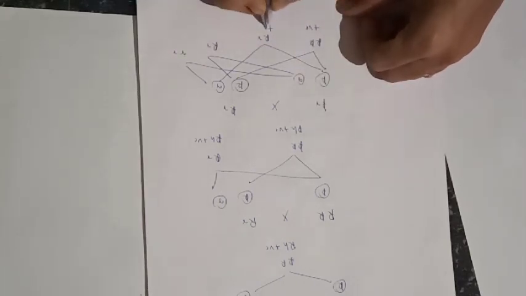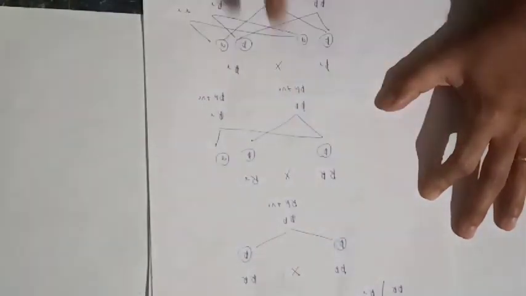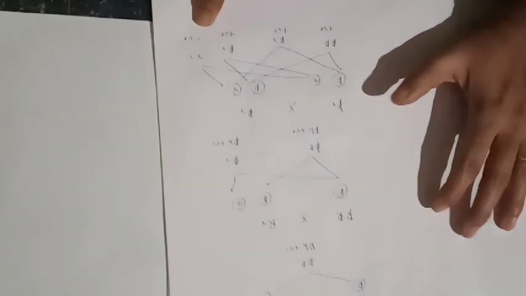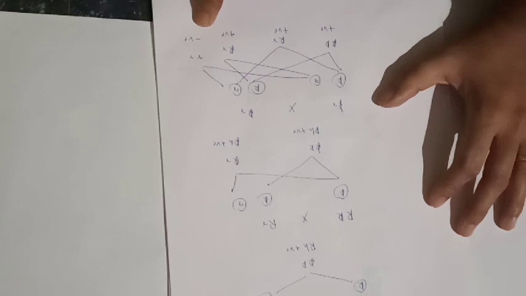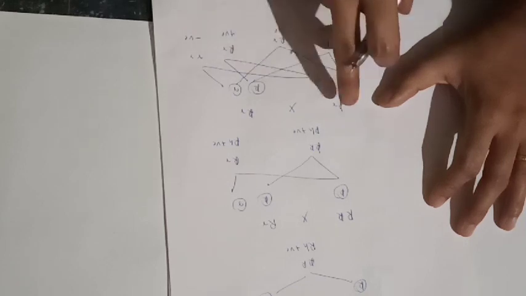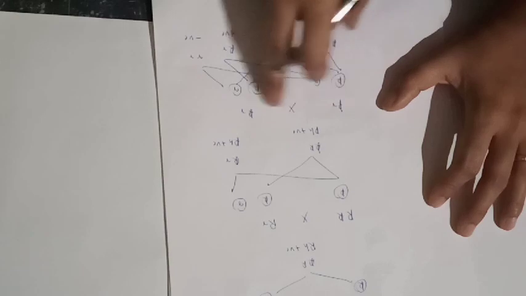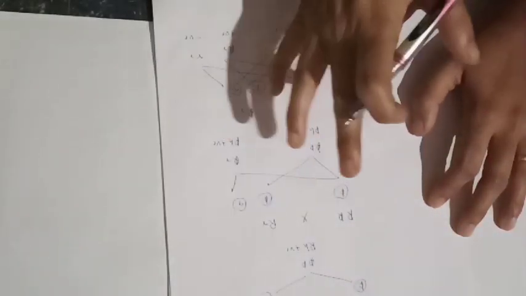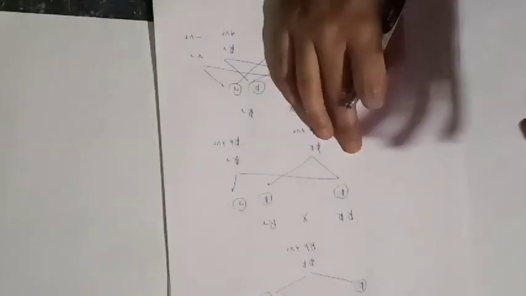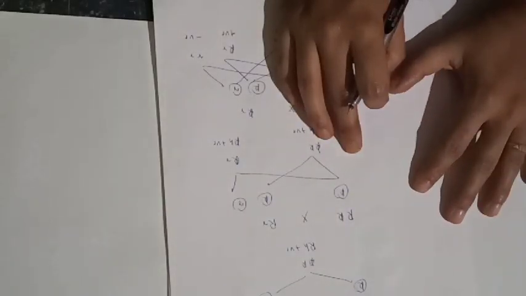Positive, positive, positive, negative. So even when both the parents are positive, there is a possibility of producing an RH negative offspring when both parents are heterozygous. This follows simple Mendelian inheritance.